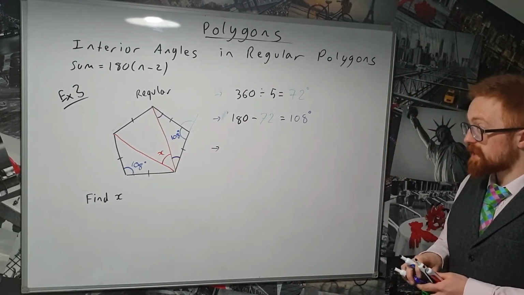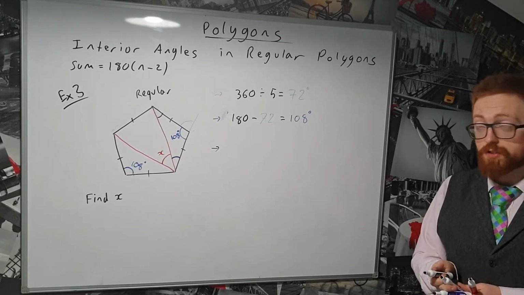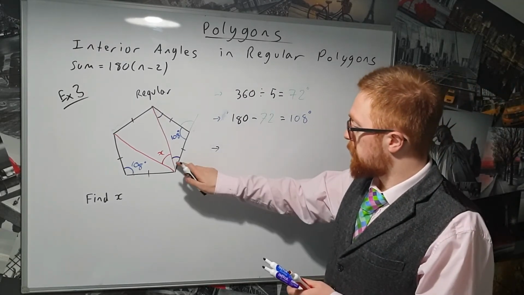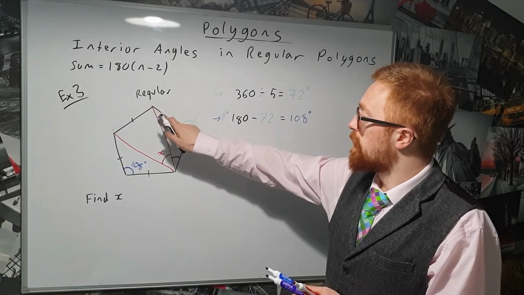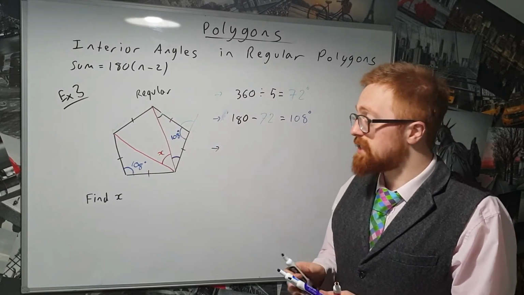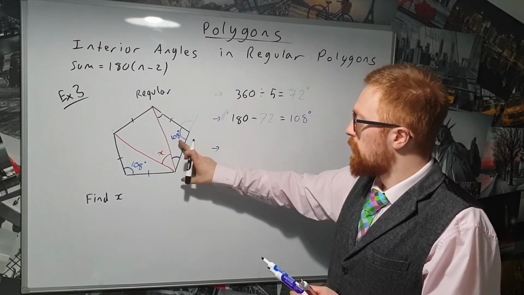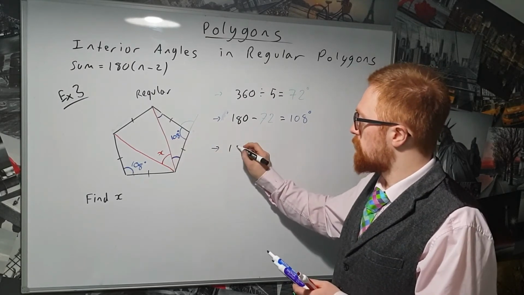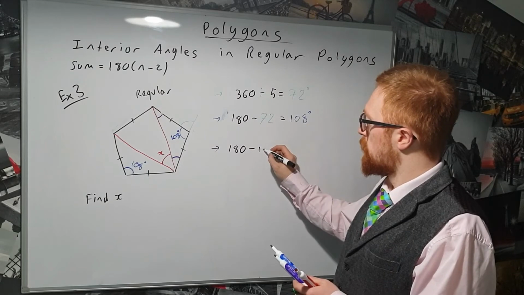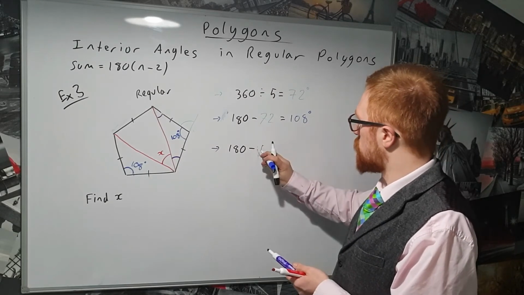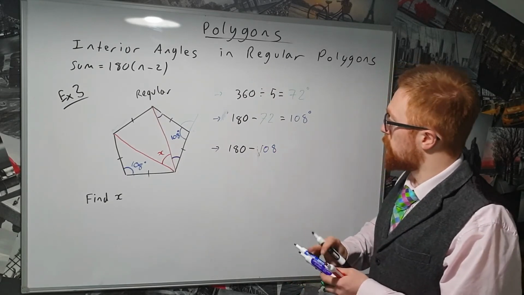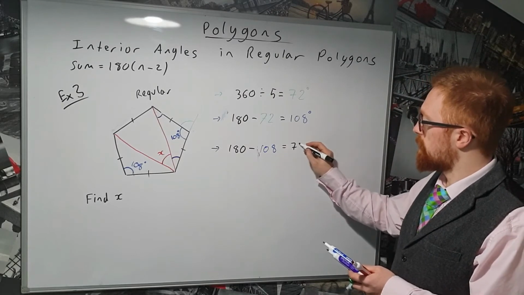Angles in a triangle have to add up to 180 degrees. So this purple angle and this purple angle, when I add them to 108, need to make 180. So we use a similar strategy as we've used before. We find the sides we know and take it away from the sum, 180 minus 108. Well, we know that's 72, we just came from there.